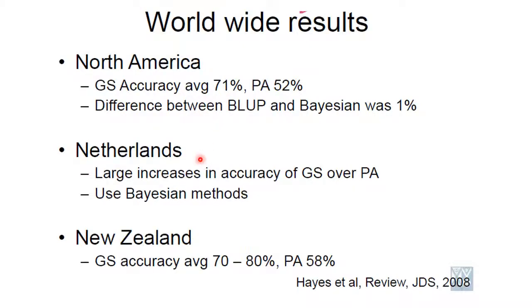In the Netherlands, also large increases in the accuracy of genomic selection over parent average, and also the same in New Zealand. So, like I said, there are numerous examples of rapid changes in genetic gain at the onset of genomic selection.